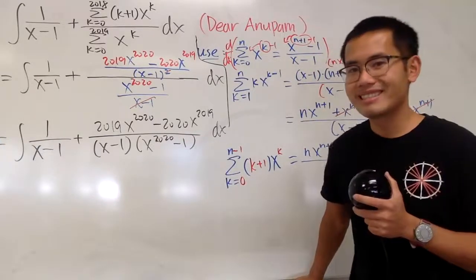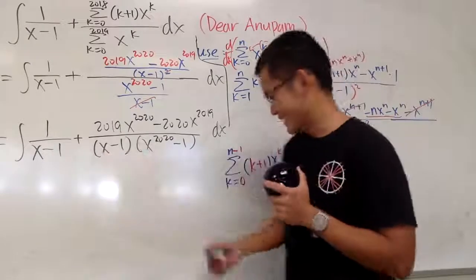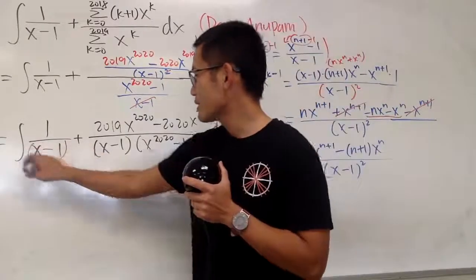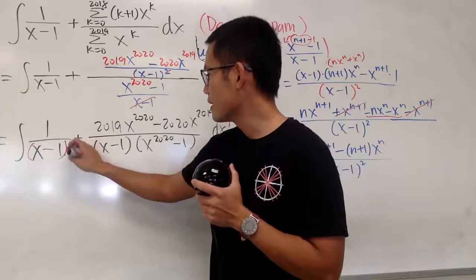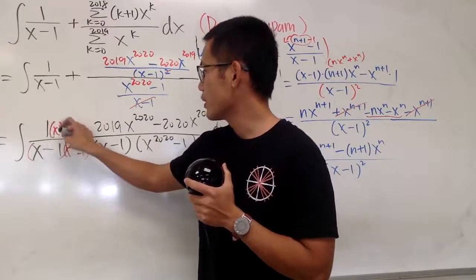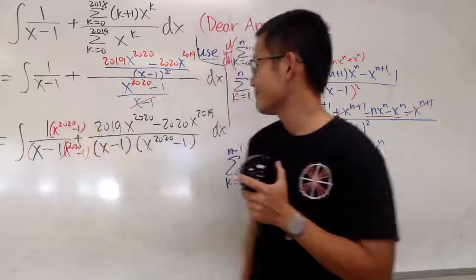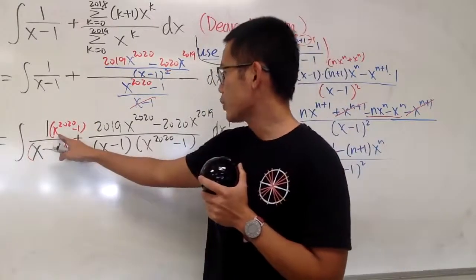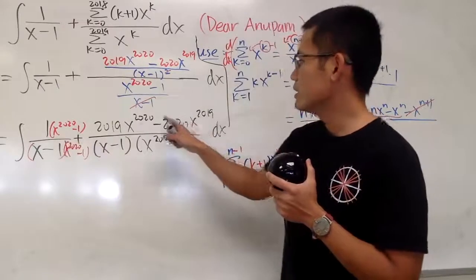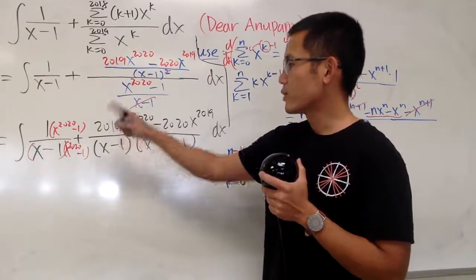What can we do next? Well, combine the fractions. So right here, I just have to get this over there. So I need to have x to the 2020 minus 1. Have a look. This is x to the 2020, so is that, isn't it? So we can combine it.